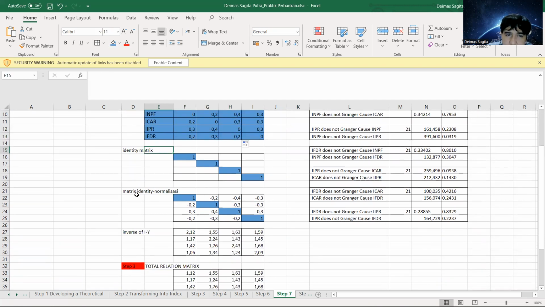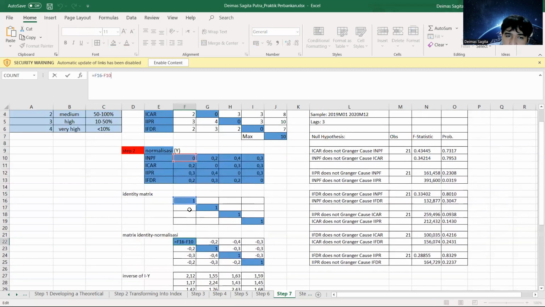The step is matrix identity normalizations. But before that, you make the table again. Just put the number like this. So the formula is: from this identity matrix, and then minus the normalizations.